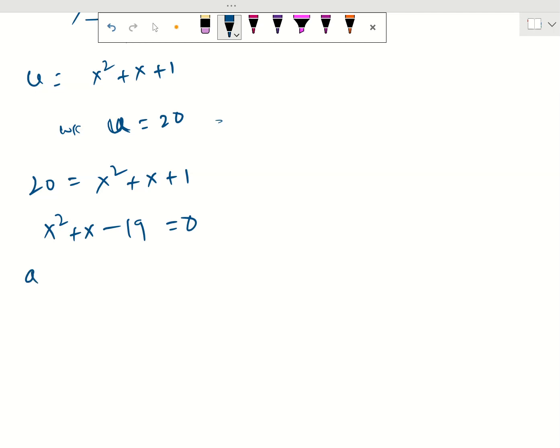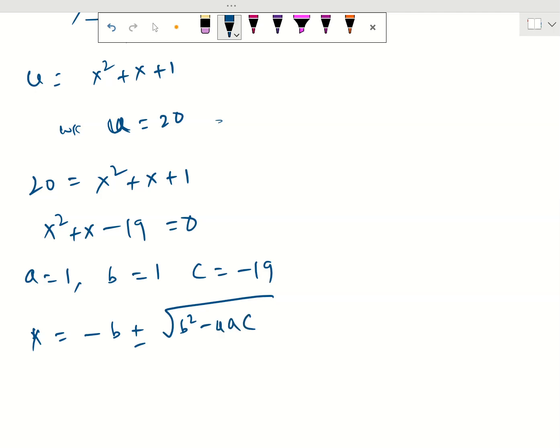therefore we can solve this using x is equal to minus b plus or minus square root of b square minus 4ac, divided by 2a.